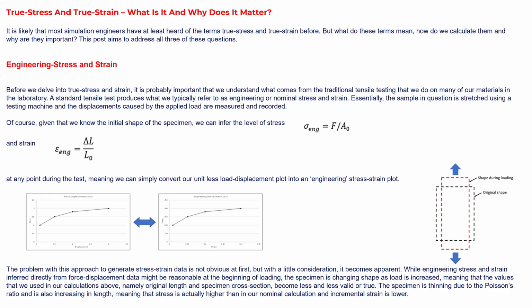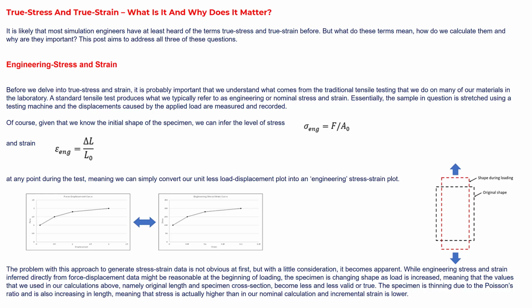We already see the Poisson's ratio taking place there due to the metal shrinkage. So the values that we used in our calculation above, namely the original length for the engineering stress strain, and even the cross-sectional area being the original only, become less valid or true.